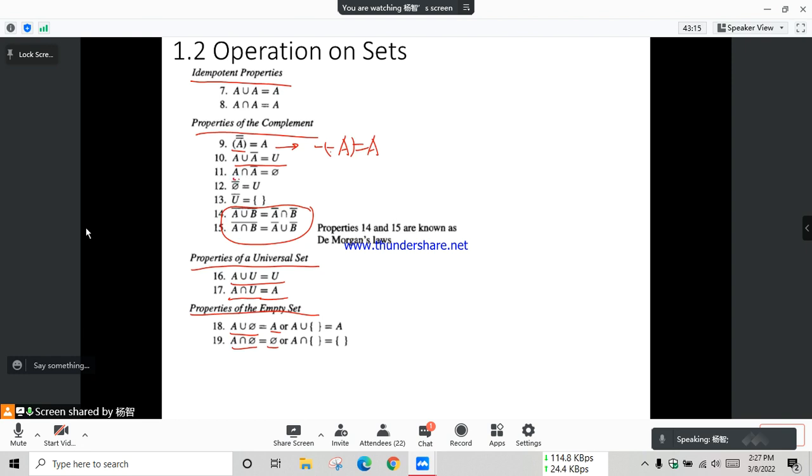And the intersection between A and the complement of A is equal to empty set. And the complement of empty set is equal to universal set. The complement of universal set is equal to empty set. Okay.